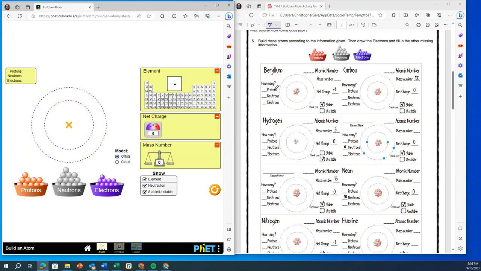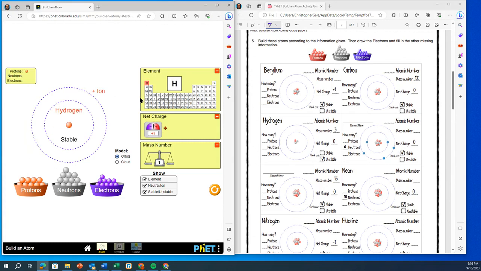Okay, my mass and stable. So beryllium, it's asking for a net charge of 1 and stable. So see that net charge of 1 stable. We're going to put our electron picture here as well. So let's add protons. Remember, protons define the element until we get to beryllium.